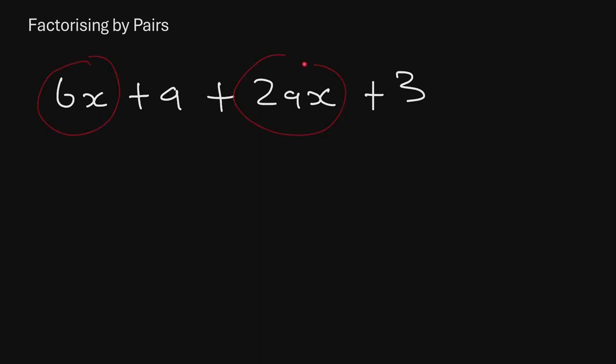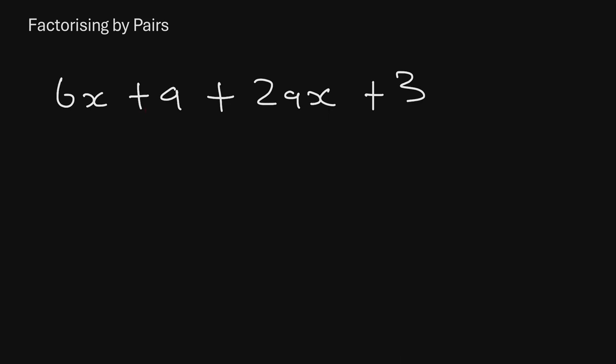So if I group the 6x with the 2ax, what am I going to group the a with? Because I must have two groups. So I'm going to group the 6x with 3 so that I can group the a with 2ax. It is very important that you have two groups that both have the common factor.